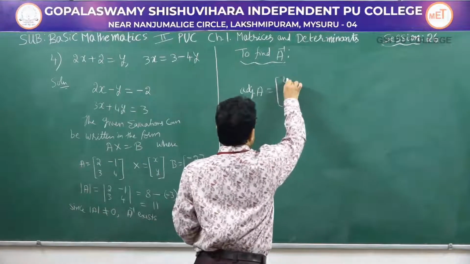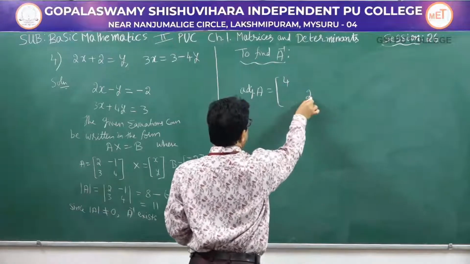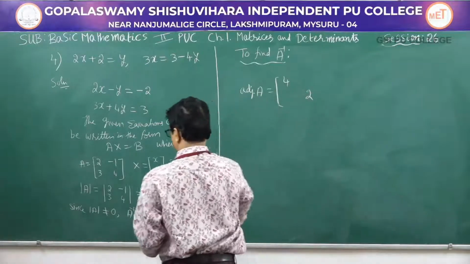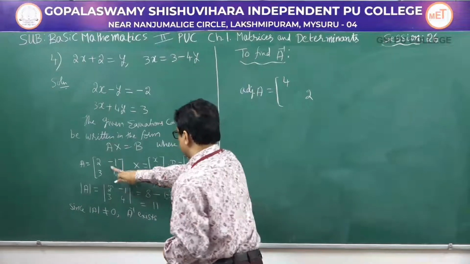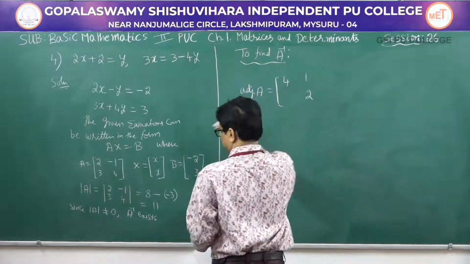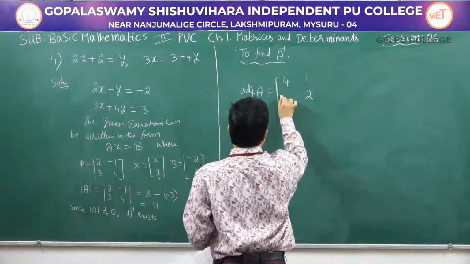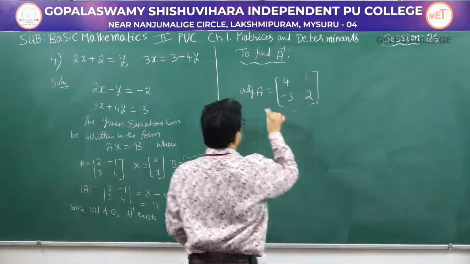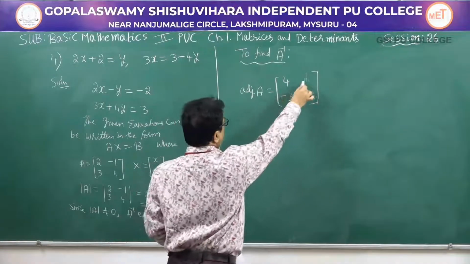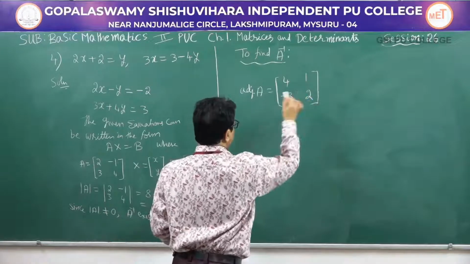That is 4, 2. I have interchanged the principal diagonal elements, and -1 is here, we have to write 1, and 3 is here, we have to write -3. That is, adjoint A is equal to 4, 1, -3, 2.